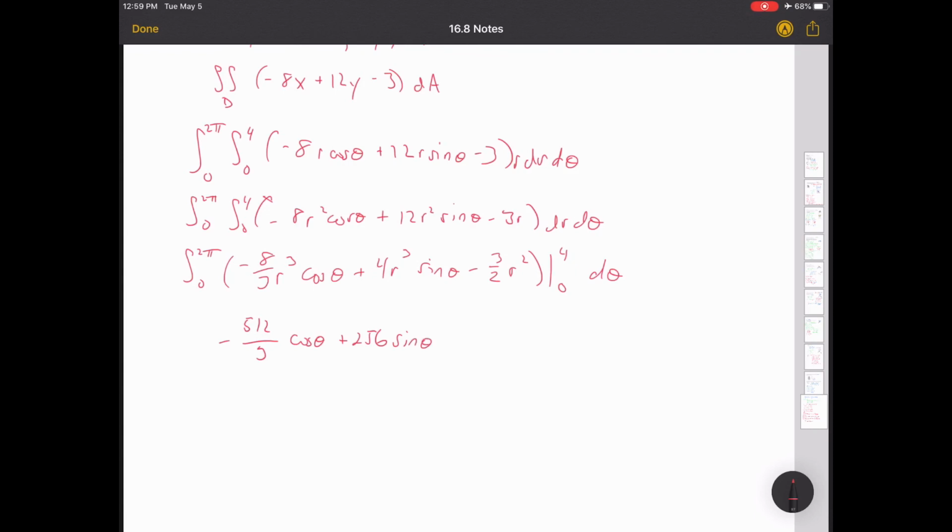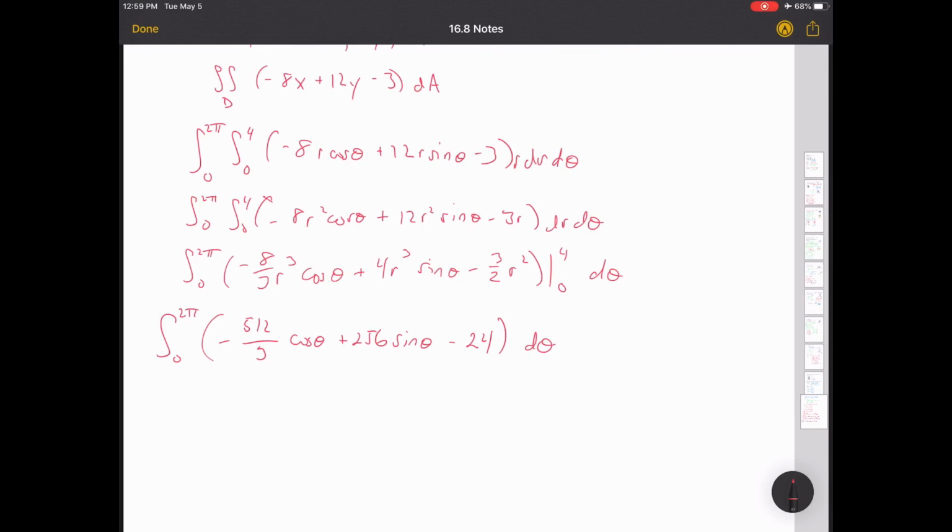And then 4 squared is 16 times 3 is going to be, what is that, 48. So minus 48 over 2, which is 24, I believe. Looks right. Double check that and we'll know at the end if this doesn't work out, because we know what our answer is supposed to be. It's supposed to be negative 48 pi, assuming we did the first one right.